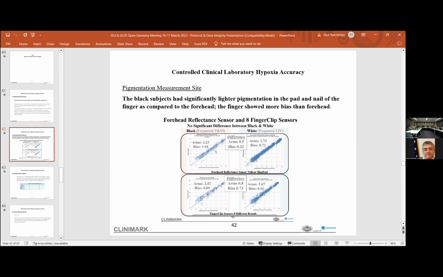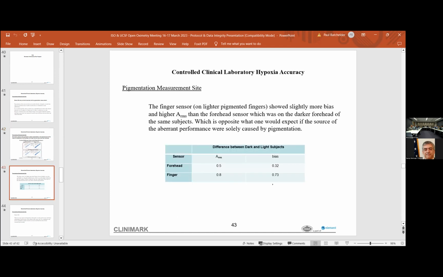We would think if melanin were an issue here, we would see a significant difference in the bias, and the forehead sensor should, based on the theory that melanin is the problem, see poorer performance as compared to the finger sensor. Now, these are all in the same subjects, forehead and finger in the same subjects.